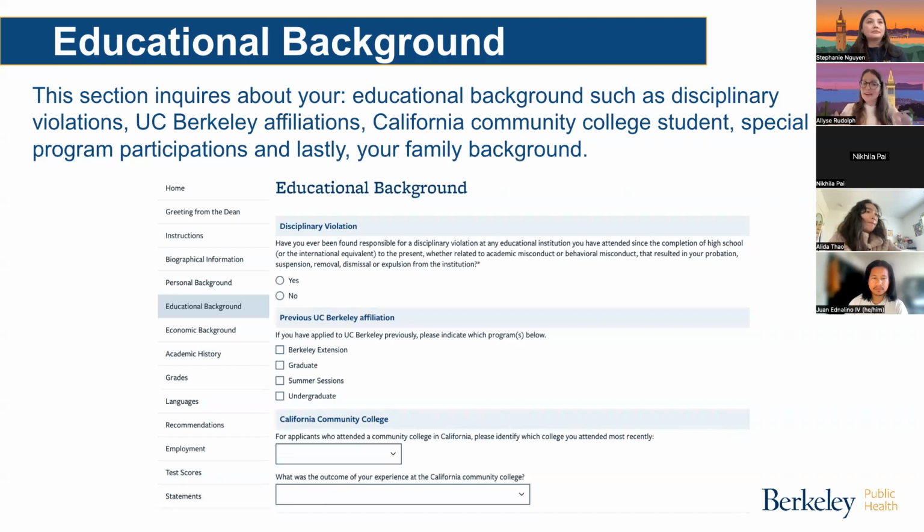Anything you enter here, we will require a transcript for. So again, list all of the schools you've attended. If you've taken any community college courses, or if you transferred schools, please do indicate all of those in this section. And you'll need to submit a transcript for every institution that you enter in this section.